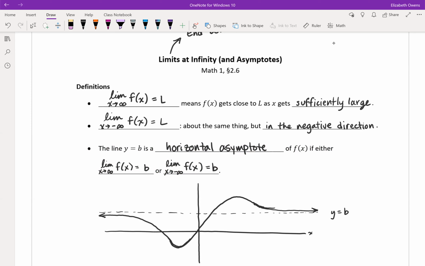When the function levels off to some constant value. You can see in our little sample picture here, we have a function that crosses over this horizontal asymptote, and then as x approaches positive or negative infinity, it tapers off and approaches this horizontal line here. Okay, so those are horizontal asymptotes.